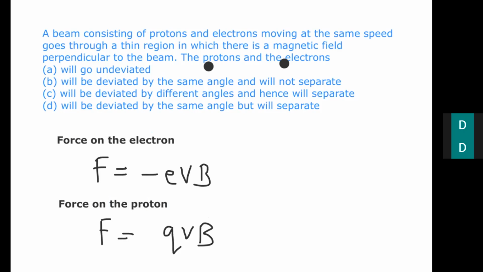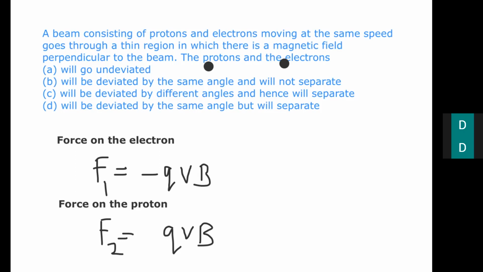Now we can see that the magnitude is almost going to be the same. It's just that the sign is going to be different. Force is a vector quantity, so it's okay if we write Q here: minus qVB and plus qVB. If we call these F1 and F2 and take the resultant, they are going to be in different directions.